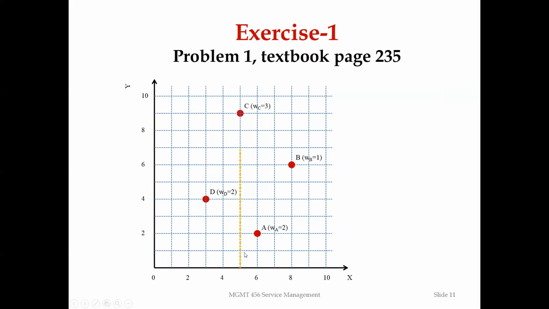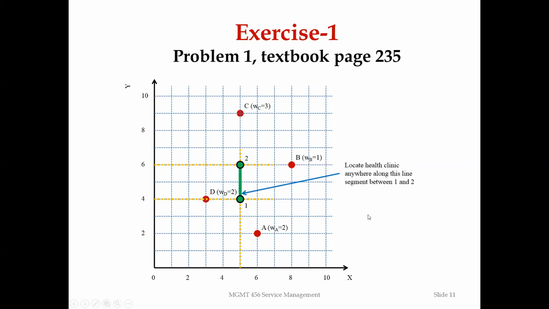It should be somewhere on this line. And the Y should be anywhere between 4 and 6. Okay. So the Y dimension should be between 4 and 6. The X dimension should be exactly equal to 5 on this line, and between this line and this line. So this means what?